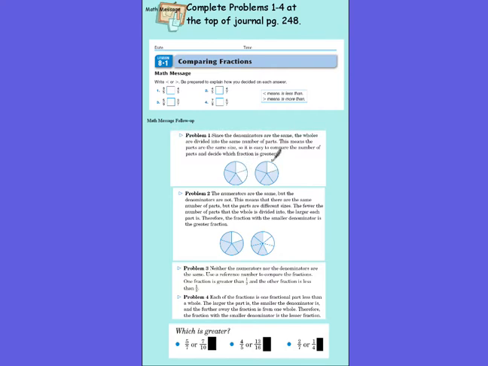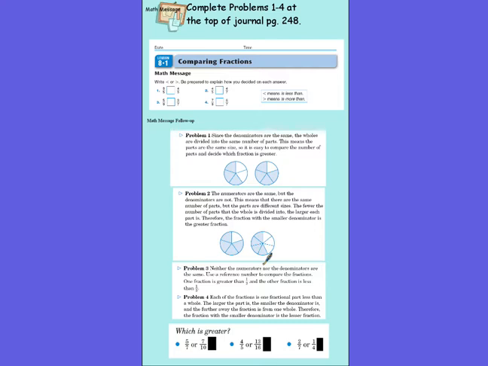And I think you would rather have this much pie than just one. Taking a look at problem 2, just reiterating what was on the last page. If the numerators are the same but the denominators are not, this means that there are the same number of parts, but the parts may be different sizes. Remember, the fewer the number of parts the whole is divided into, the larger the part is.